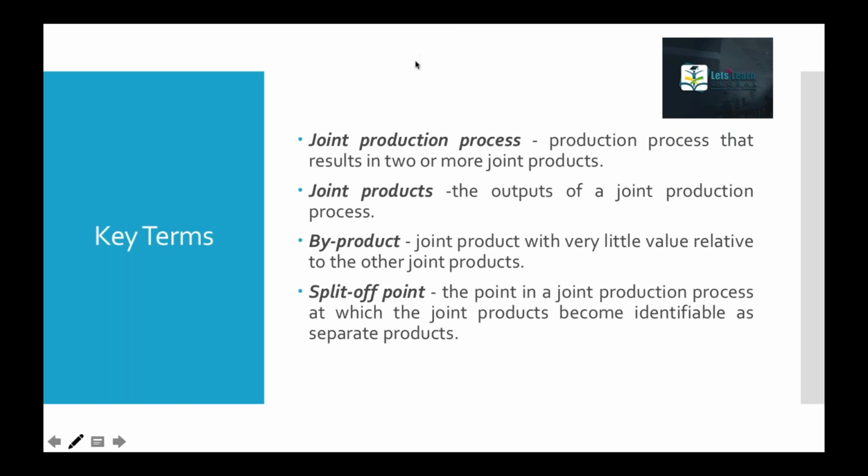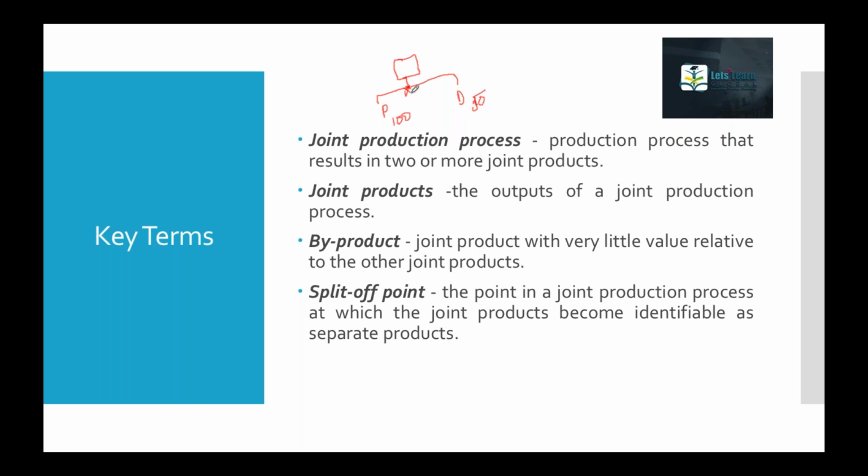The point at which we identify the products from the joint operation. Joint operation is this, and here we identify that we received petrol, we received diesel. Okay, so we received 100 gallons of petrol, 50 gallons of diesel.